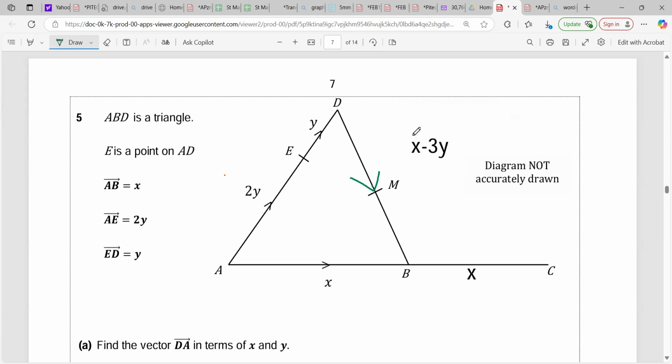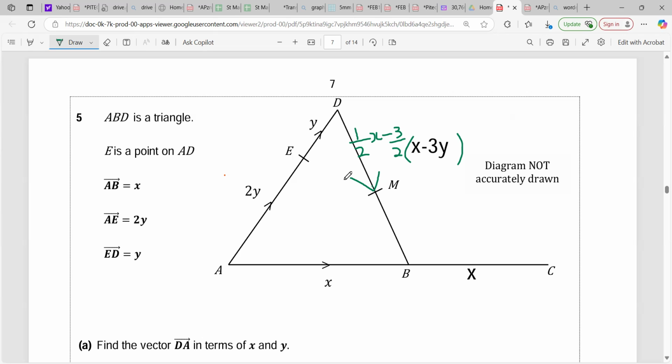we get this, the original one. But they say M is at the midway of the two of them. So that means over the side here, I'm going to have half x minus 3 over 2, which is the same as 1.5, right?